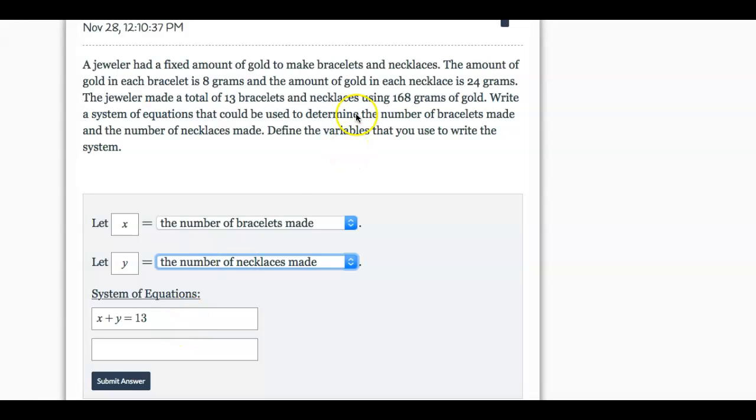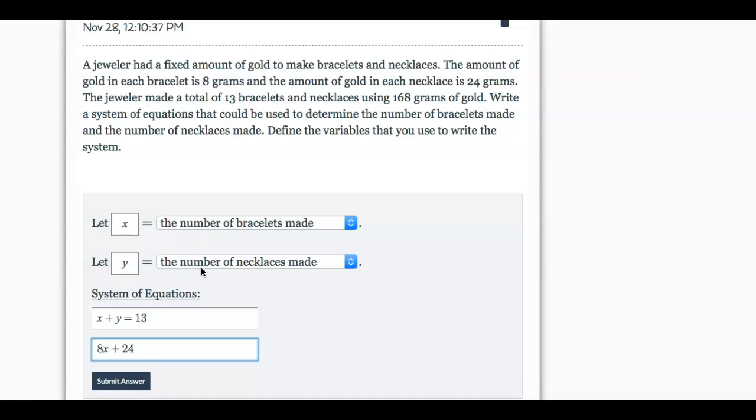Then it says that they used 168 grams of gold. Well, over here on my paper, I wrote that every bracelet has 8 grams in it. So I've got to take 8 times X to give me the grams of gold that is needed to make however many bracelets I choose to make. And then I have to also figure out how much I need for my necklaces, and that's 24 for each one.